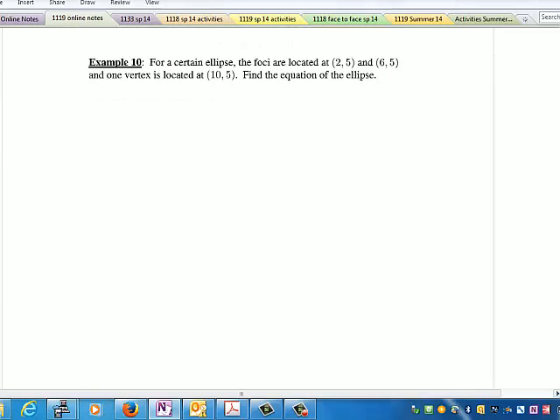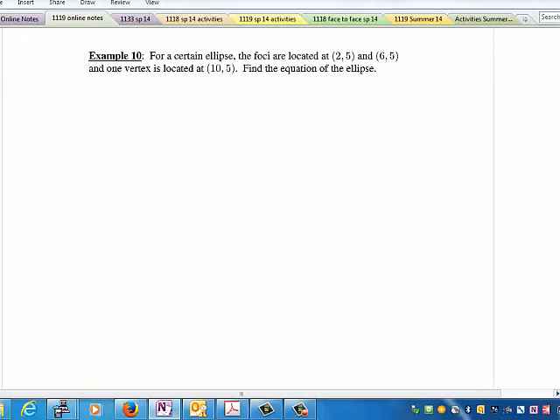Last one, for a certain ellipse, the foci are located at 2, 5 and 6, 5, and one vertex is located at 10, 5. And we want to figure out the equation of the ellipse. Again, I would start with a sketch. So 2, 5 and 6, 5.